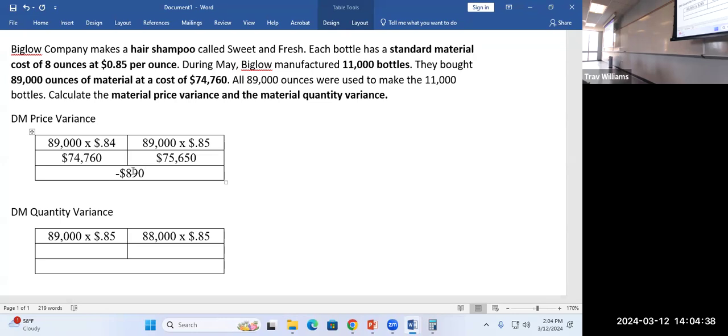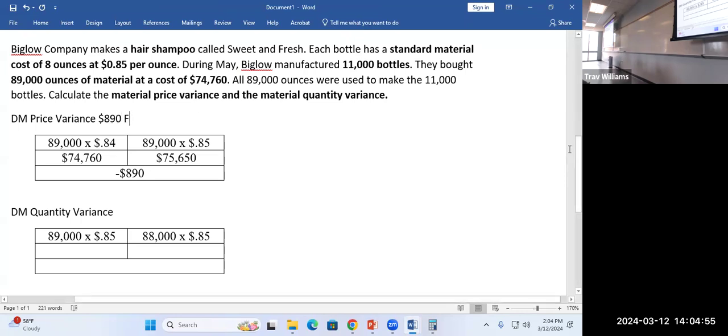They're favorable. Exactly, right? We saved $890 on materials because we got a cheaper price per unit of materials. So I'm going to write that up here, 890 favorable. Right? Any questions on this price variance?